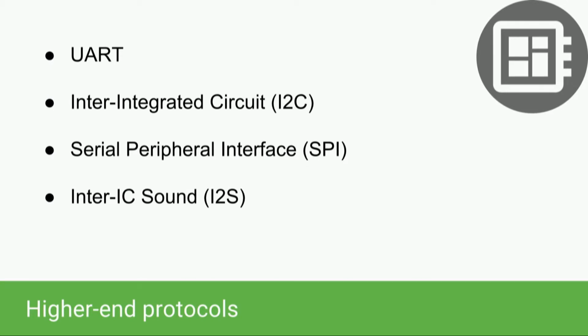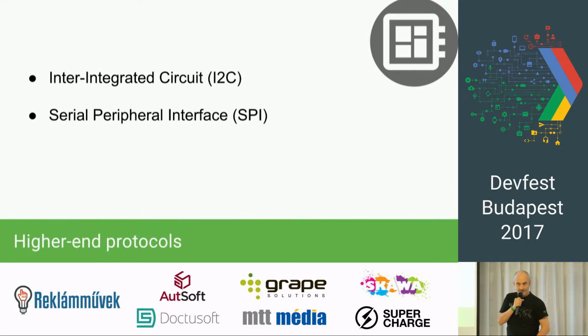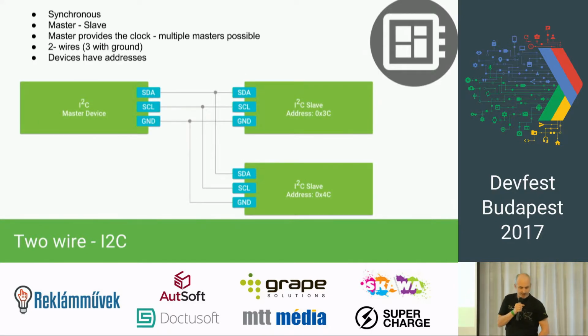So those are all low-level pin shifting stuff. We want some higher level control, and for that these four protocols are defined, and I will only cover these two. So I2C is a synchronous communication between one master and several slaves.